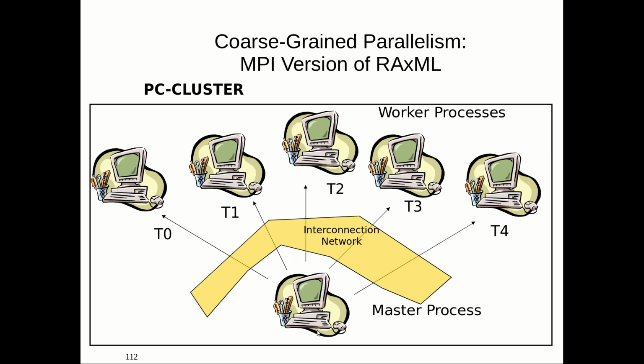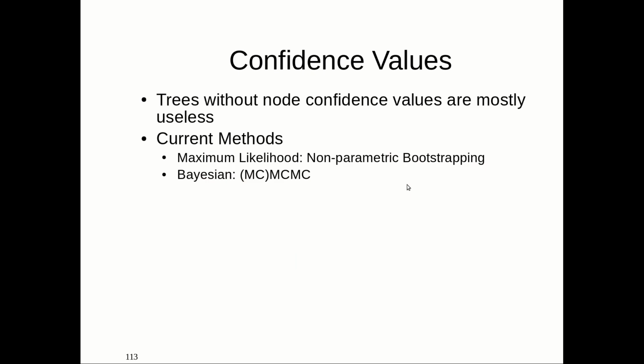Say you want to compute 100 maximum likelihood trees, and it has a pool of machines available, and tells each machine to start inferring one maximum likelihood tree. This is just for doing independent tree searches, but you can also use that for calculating confidence values.